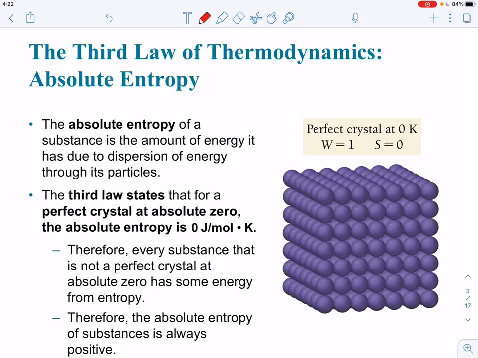So for a spontaneous process, the change in entropy for the universe has to be positive. Okay, so it could be positive, it could be negative, but if it's spontaneous, then that change in entropy has to be positive. Processes are driven towards a more disorganized state, so to speak.